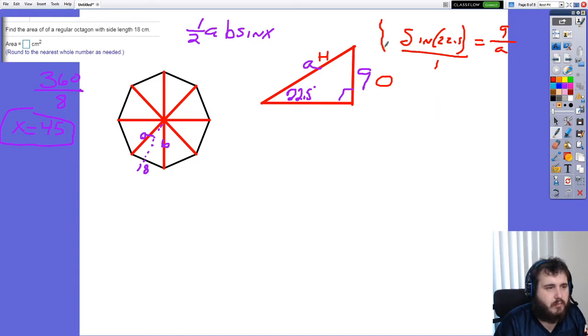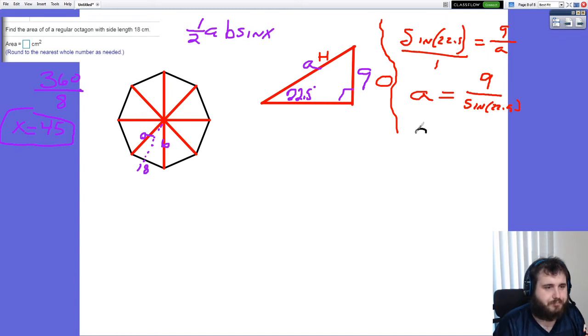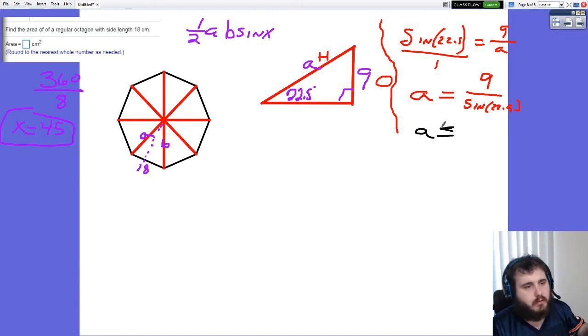And when you do that, you end up with A is actually 9 over this whole sine of 22.5 thing. This is our radius. We just found it. So now we know A and B. I would just do this in the calculator right now. Get a big long running decimal to plug into the calculator and deal with that. So let me do that real quick.